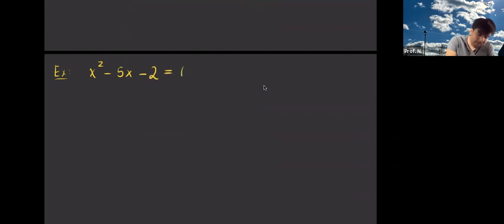What happens when I have a scenario such as this one, where the number in front of the variable is not even, it's odd? Well, if I complete the square, I'm still going to add 2 on both sides to get rid of that constant.